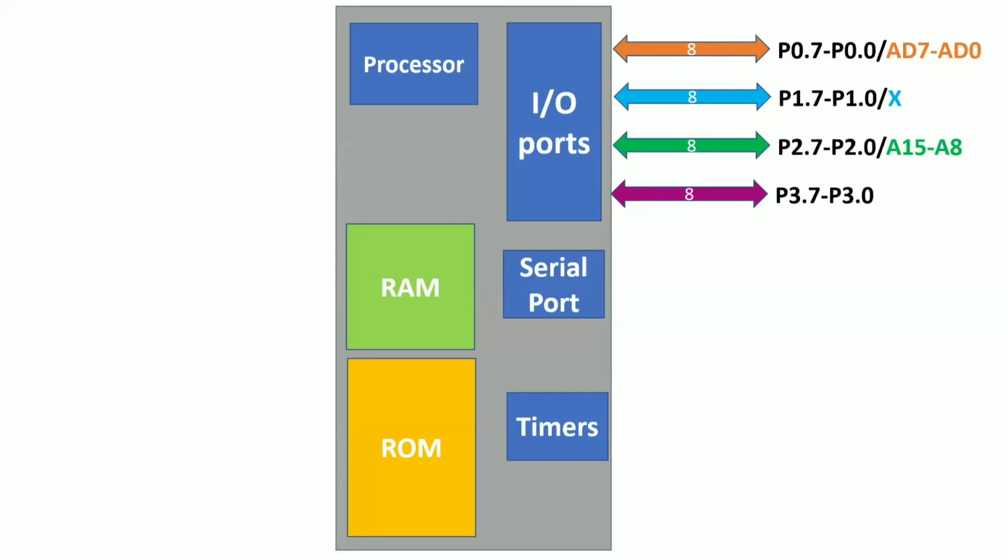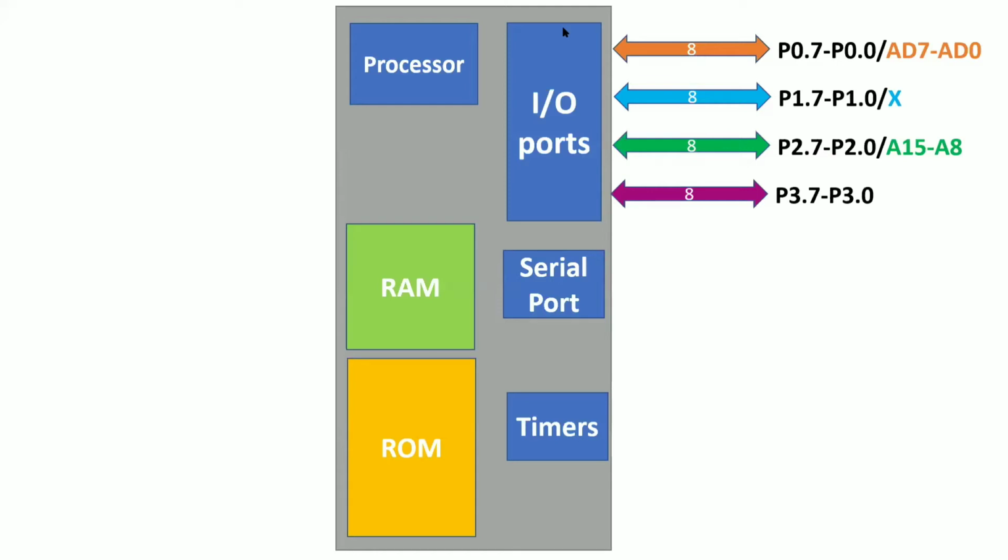Now if you observe, port 0 can also act as the multiplexed address bus and data bus. If you were paying attention in your last classes, you know that the external address bus size of your 8051 microcontroller is 16 bit. That 16 bit is divided into two 8-bit addresses. One is A0 to A7, another one is A8 to A15.